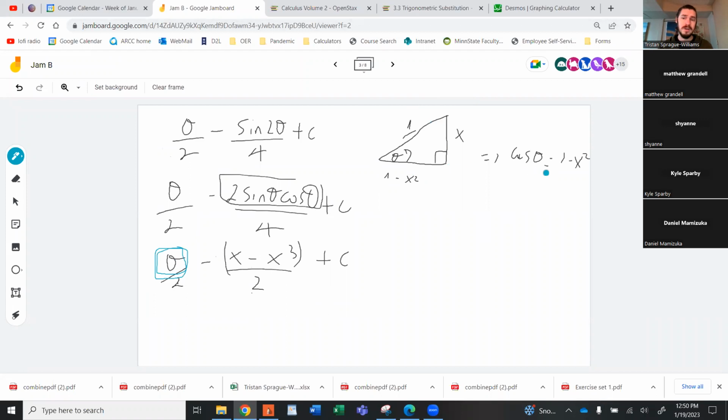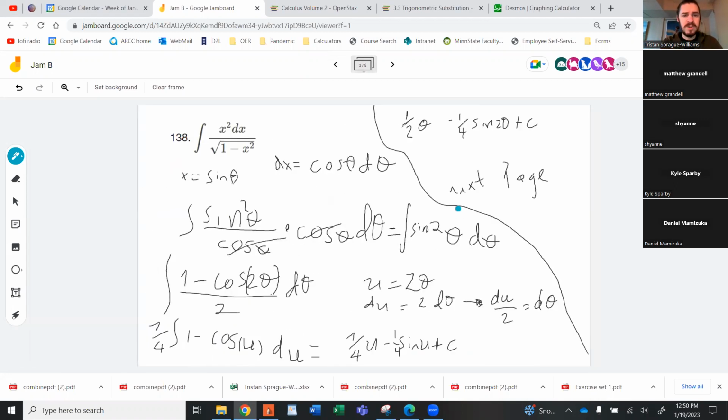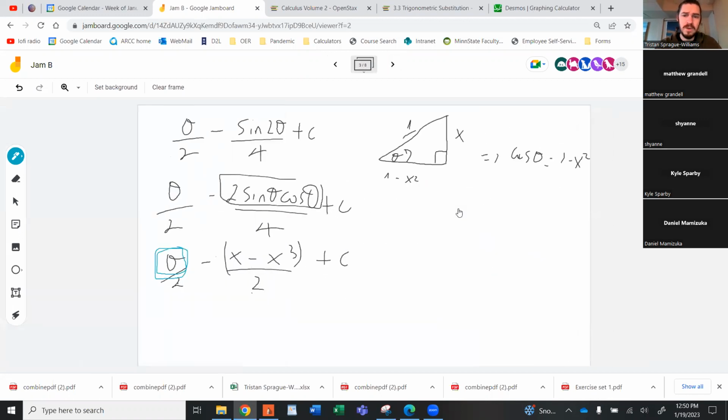But what we could do is just use the original substitution and get an inverse trig function. The original substitution was x equals sine theta. So since x is sine theta, theta is just arc sine x, and that'll just have to do. So that arc sine x is what you put in place of theta there.